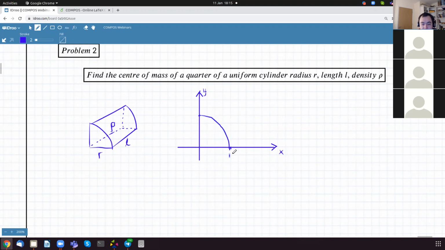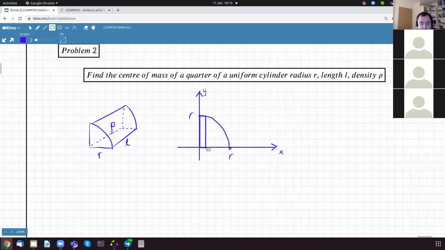So this is R. I'm going to cut my cylinder into vertical slabs in the shape of a cuboid.